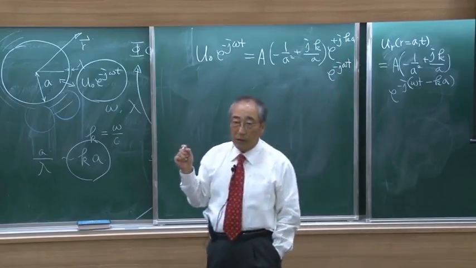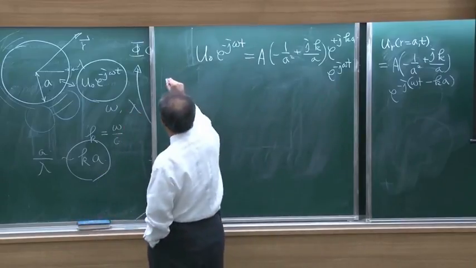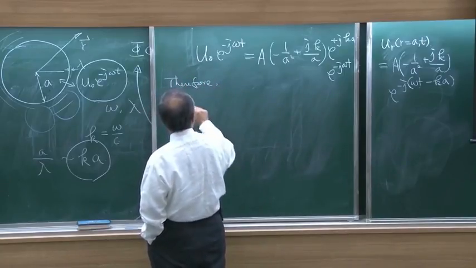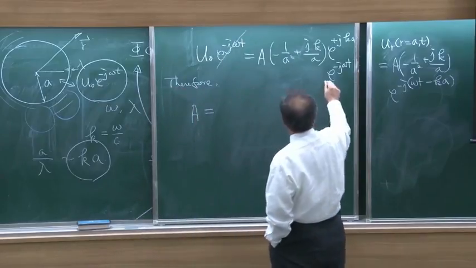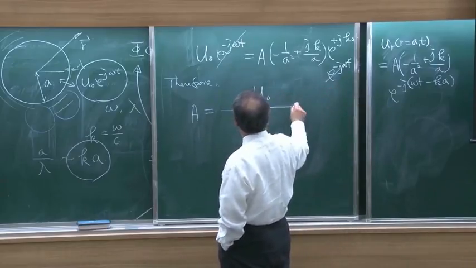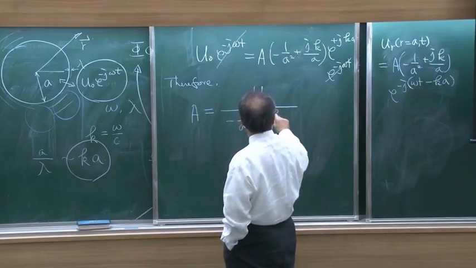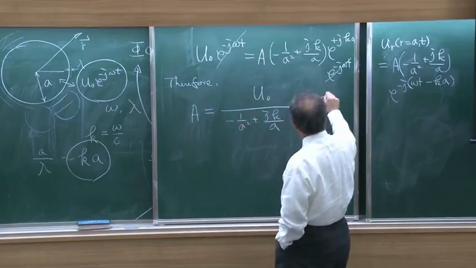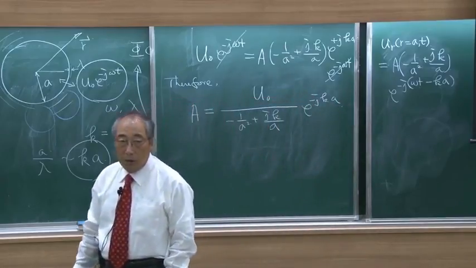So this relation determines the assumed amplitude A. Therefore, we can write the amplitude A has to be, this is common, u0 divided by minus 1 over a square plus jk over a, and I have exponential minus jka. That has to be the amplitude of the velocity potential.